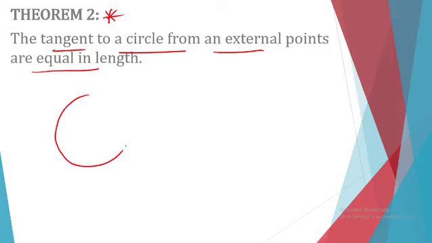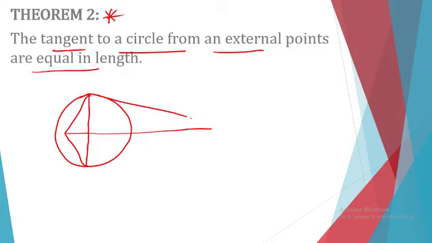We have a circle, and we have this joining this here, and this joining this here. Now you agree with me that these two lines are equal.